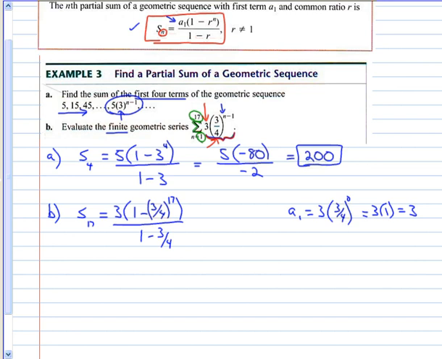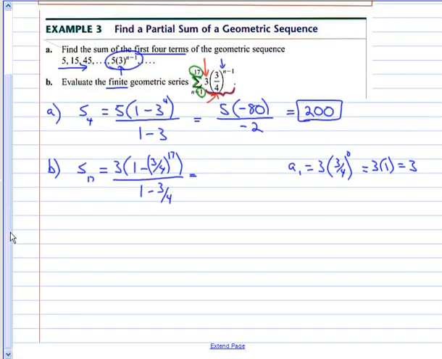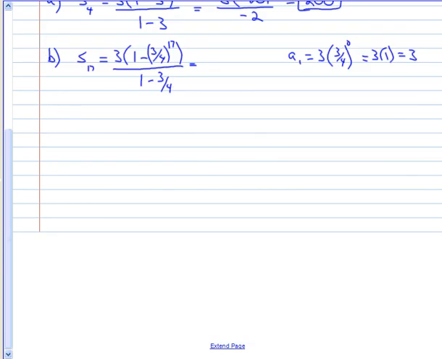1 minus 3/4. Now, this is a problem where you're probably going to want to go to a calculator. And you'll want to be able to use your parentheses judiciously, correctly, in the right locations. Why don't some of you start, and I'm pulling up my calculator. Hopefully it won't take too long to get going. And I will enter this. You are going to need a set of parentheses around everything in the numerator.